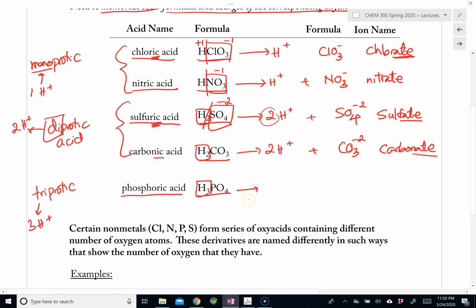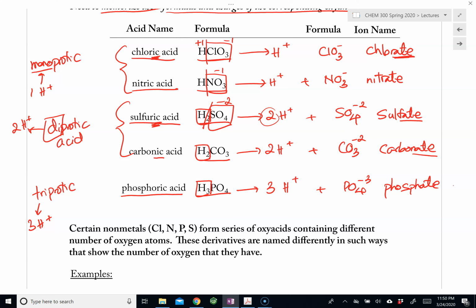Once we dissolve it in water, it will produce 3 hydrogen ions. The rest of it would then be PO4, and now its charge would be negative 3. This is named phosphate. So these are the 5 common oxy acids for us to remember.